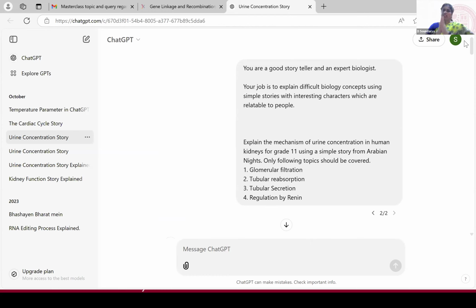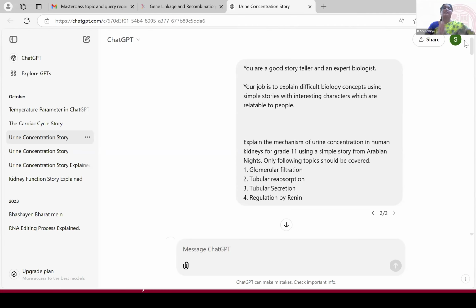For high school learners, what I've noticed over all these years is that this is one of the topics which is usually very difficult for them to understand in one go, because the processes are something we can't make them imagine, something like glomerular filtration. That means blood passing through your kidney in a section called the glomerulus, which is a component of a nephron. This is difficult for them to imagine.